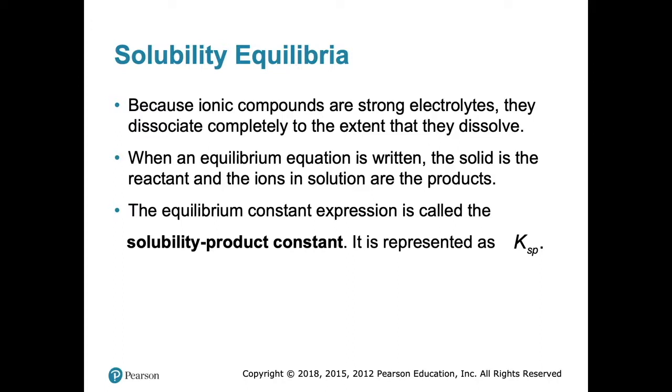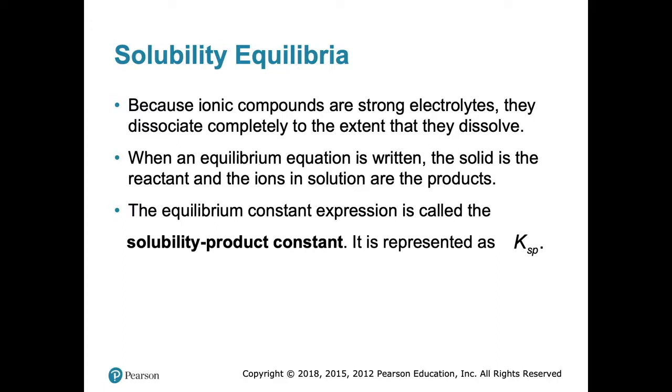Remember in chemical equilibria, the equilibrium constant was Kc for concentrations and Kp for pressures, and then the equilibrium constant for acids is Ka, and for bases was Kb. Well, now we have the solubility product constant for solution equilibria, and it's Ksp.